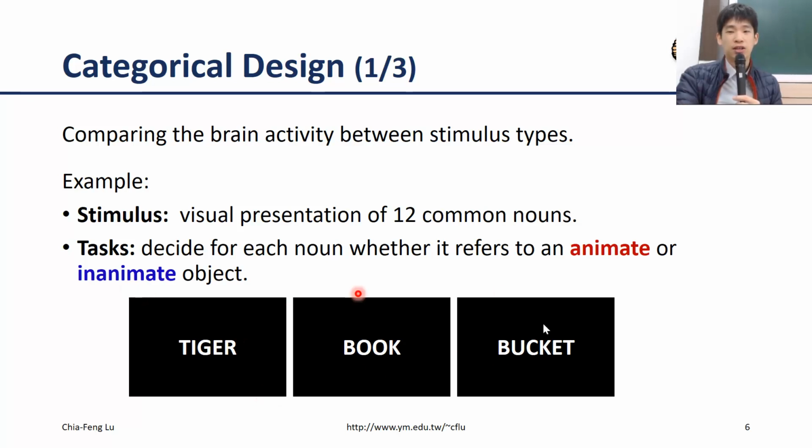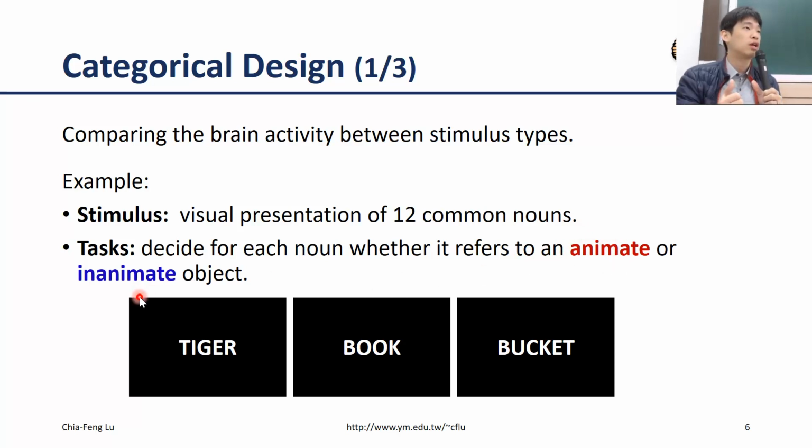So I take these three nouns as the example. For a specific time, the subject can only see one noun on the screen. So for a particular moment, maybe the subject can see a tiger on the screen. And the subject is instructed to determine whether the noun showing on the screen belongs to an animate or inanimate object.